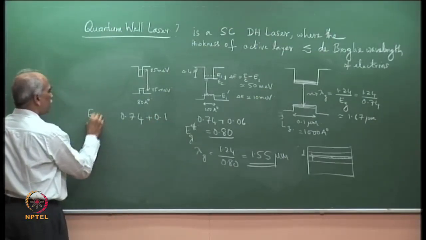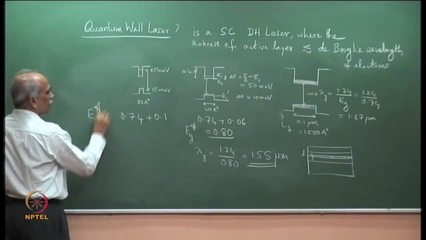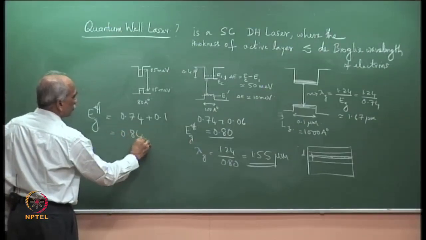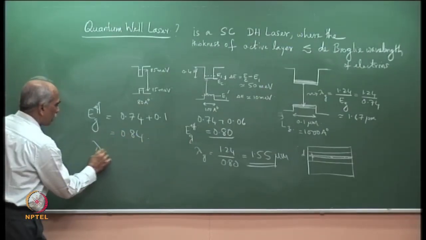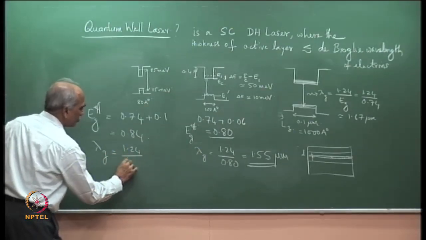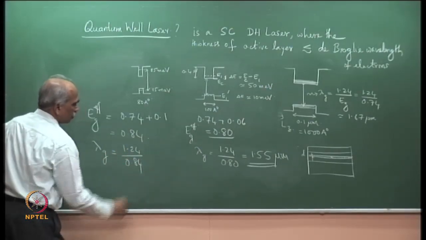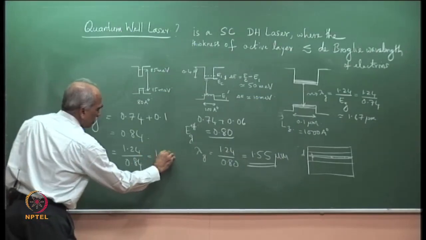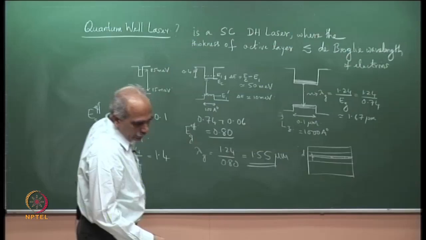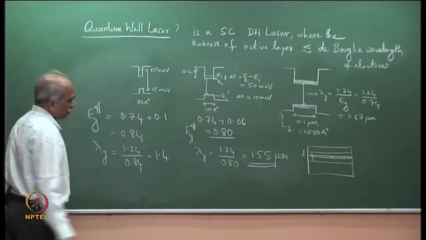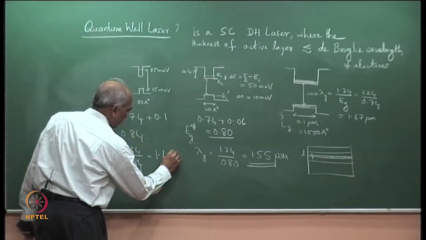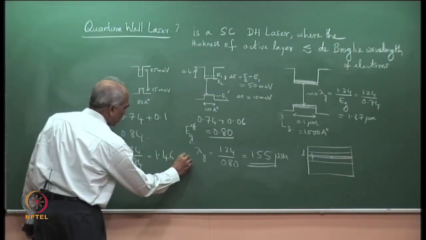So, E_G effective is equal to 0.84, and therefore, lambda_G is equal to 1.24 divided by 0.84. I think it is 1.4 something, you can check, maybe about 1.46 I think, please check approximately.